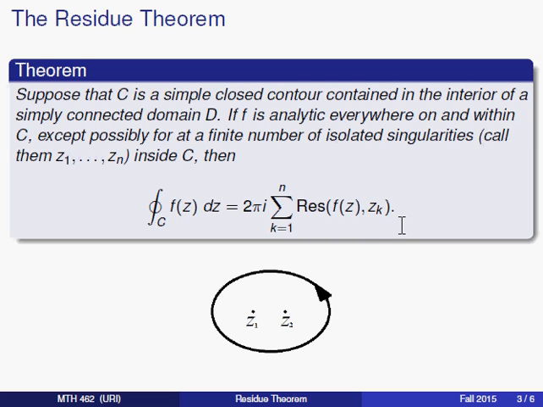All right, now we haven't defined actually what a residue is, but the residue theorem, which is what we call this, says simply if you want to find the integral of a function f along a simple closed contour that's oriented in the positive direction, all you need to do is find the residue of the function at each of the isolated singularities, add them together, and then multiply by 2 pi i. So what exactly is a residue?